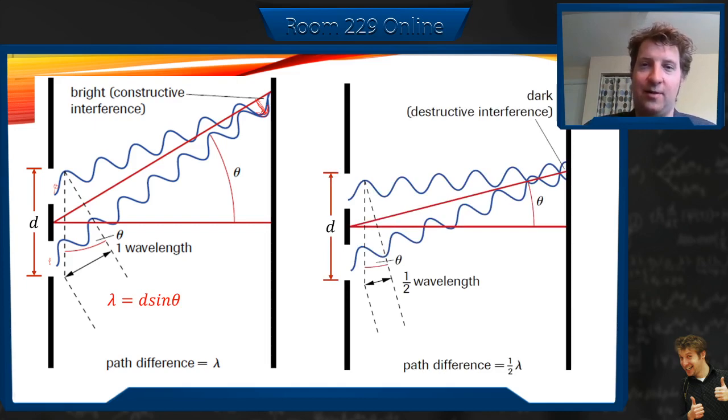So when they're starting out in phase here, so this is down, they're in phase. Now when they get to here, they're going to be out of phase. One's going to be up and one's going to be down. So they're going to cancel each other out, and it's going to be dark there. So in that case, the path length has to be a half wavelength.